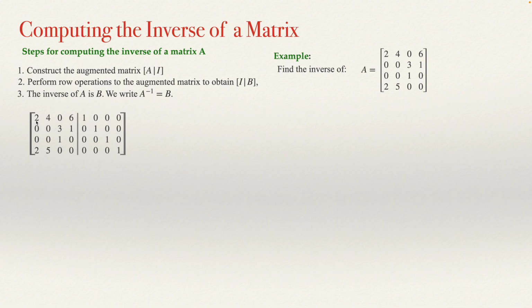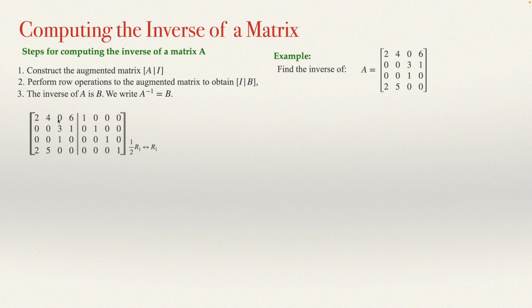Make an operation that transforms the number that appears in A sub 1,1 into a number 1, because you are trying to transform this into the identity. Observe that you want to have the identity on the left side. So let's divide this by 2. The operation that I'm going to do is 1/2 of R1, and that will replace the previous R1.